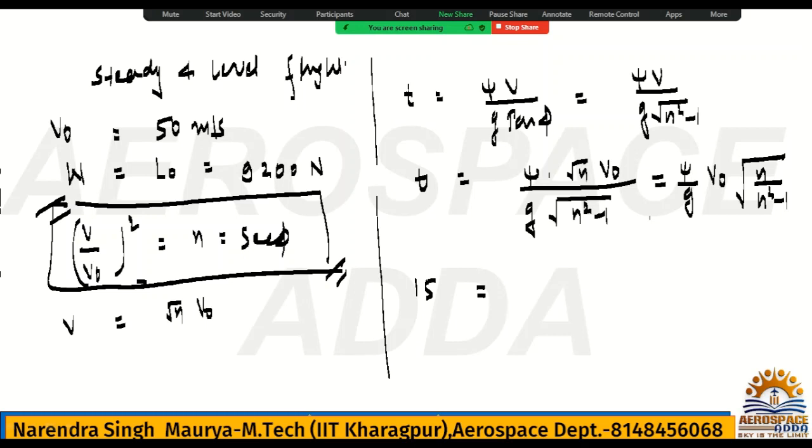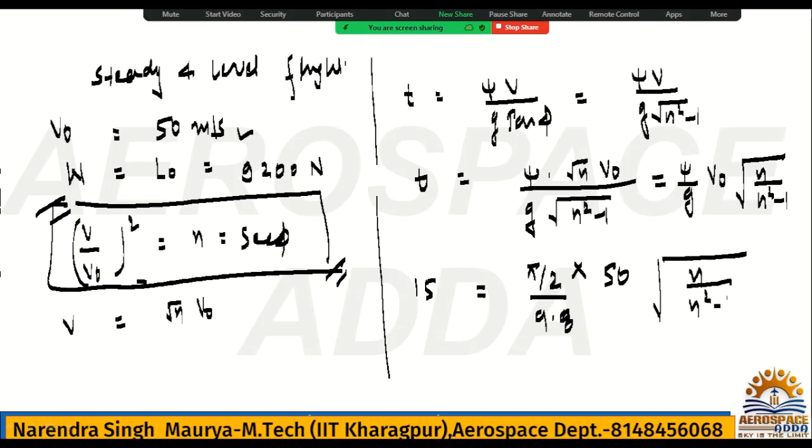So psi is nothing but pi by 2, into what is g? It is nothing but 9.8. What is v naught? The velocity they have given to us. It is 50 meters per second, 50 meters per second, and this is nothing but n upon n square minus 1.